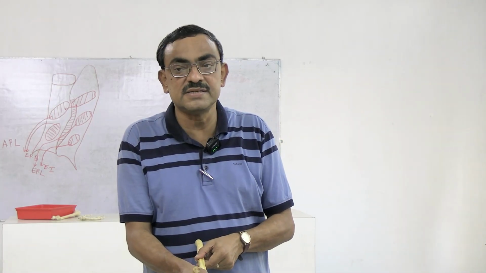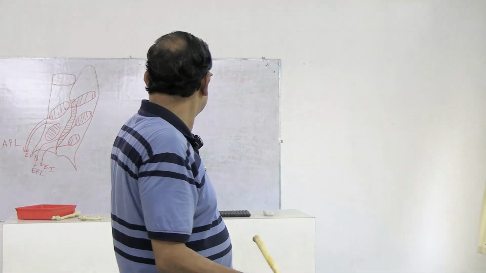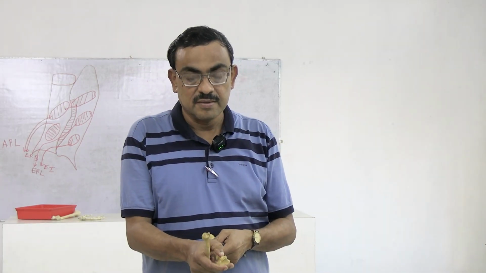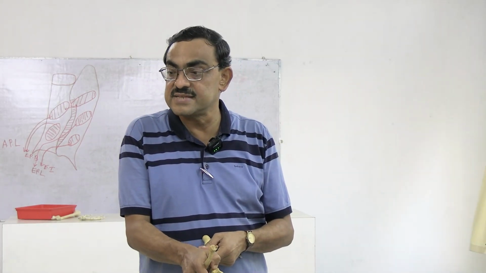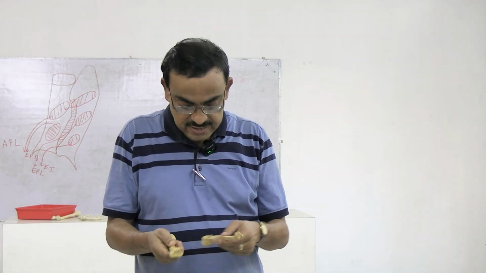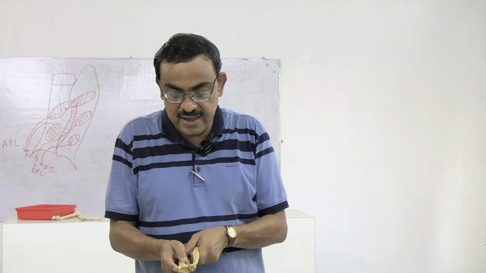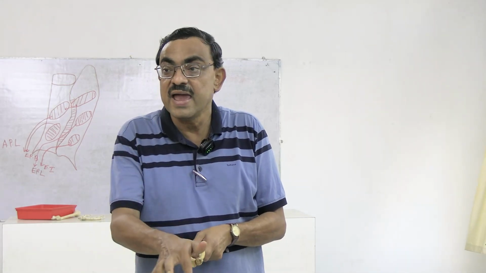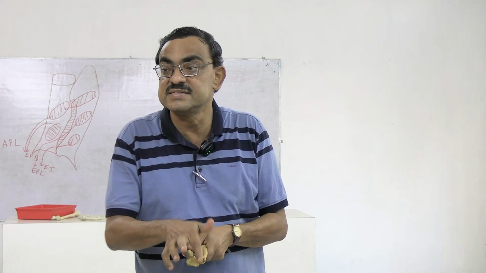Medial to the Lister tubercle, we will get extensor pollicis longus. Then we will get extensor indicis, and in between radius and ulna, the relation of extensor indicis.